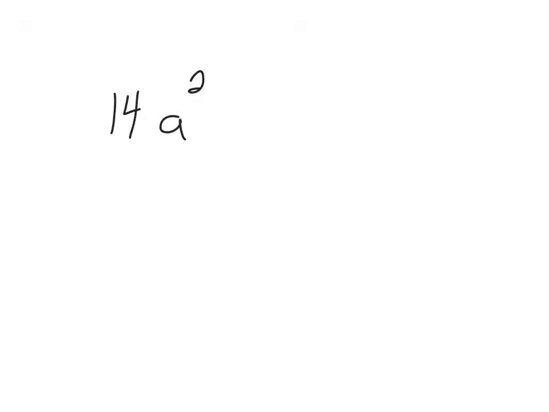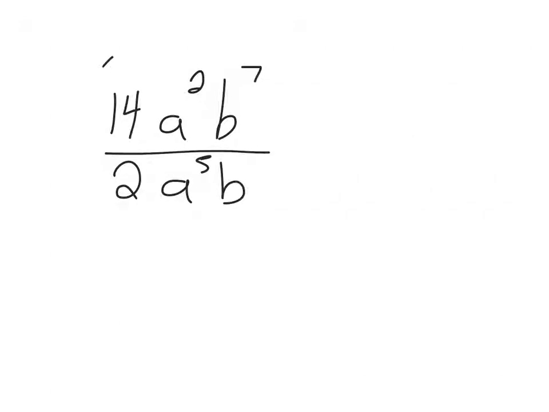a squared times b to the 7th all over 2a to the 5th b, and then this entire thing is being raised to another power of -2. So we're going to be able to apply actually a couple different rules here. We definitely can see what's taking place inside the bracket. We're going to be able to look at the quotient rule because we're dividing the top by the bottom.